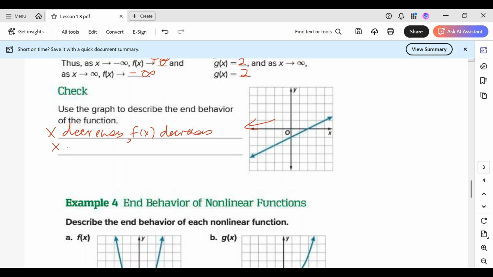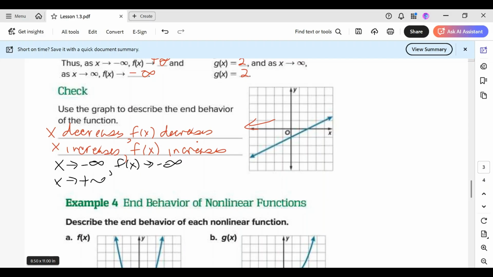As x increases, f of x increases. When we write it in notation format, as x goes to negative infinity, f of x goes to negative infinity. As x goes to positive infinity, f of x goes to positive infinity.